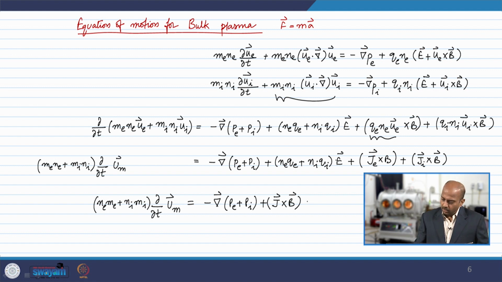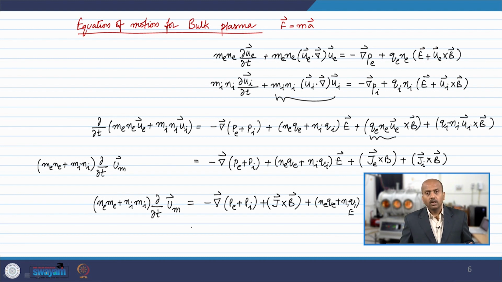Here we have to write this (NeQe plus NiQi) times E, but in an ideal case the plasma is electrically neutral and the electric field E is basically 0, which means we can get rid of this term, we can make this term to be 0.